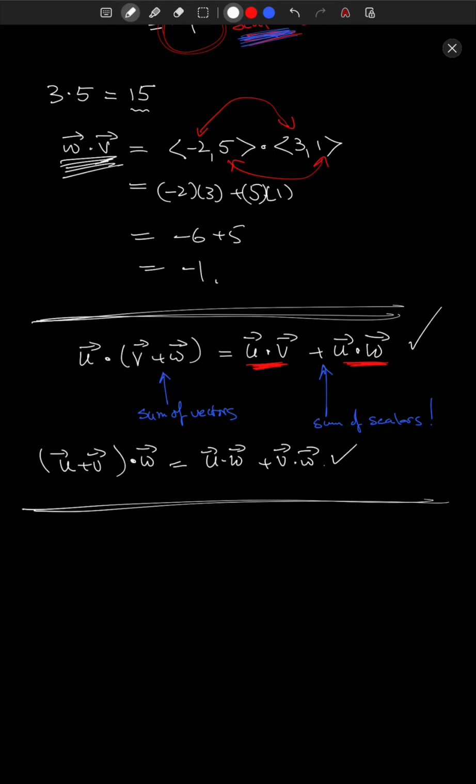If I asked you to define a product for vectors, if v was equal to (minus 2, 5) and w were equal to (3, 1), maybe something you would naturally think of would be v times w should be something like 3 times minus 2, which is minus 6, and then 5 times 1, so (minus 6, 5), right?